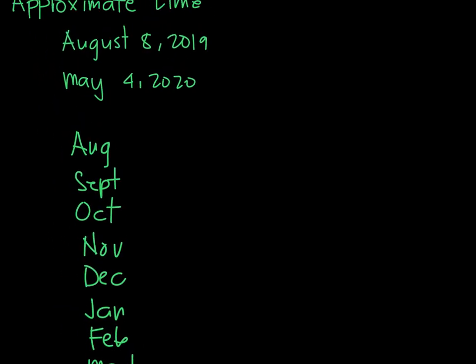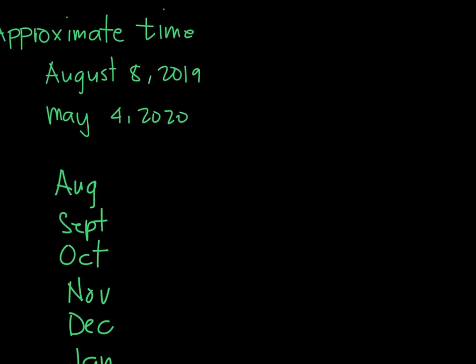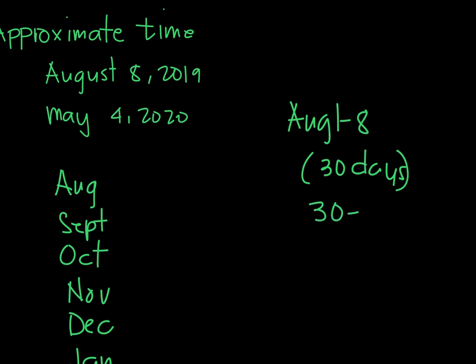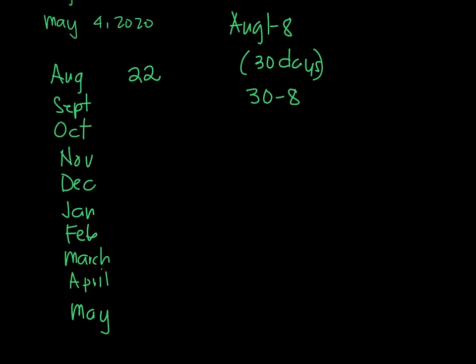Starting in August, since the count will start on August 9, that's the first day after August 8, we can remove all the days from August 1 to 8 from the assumed 30 days. So in August, we have 30 minus 8, and that is 22. All the months after August will have an assumed 30 days.